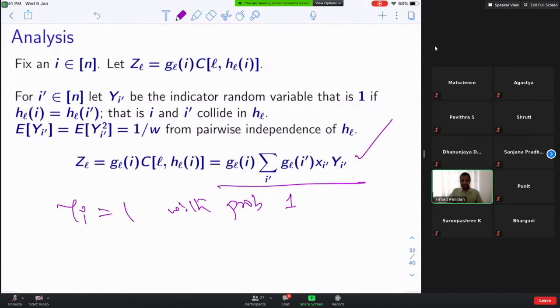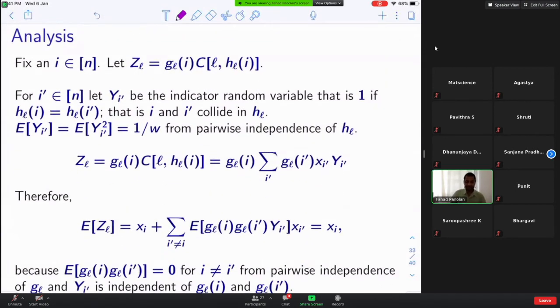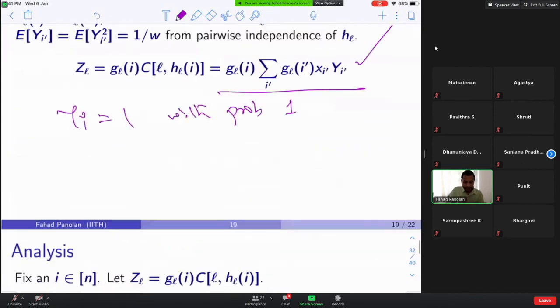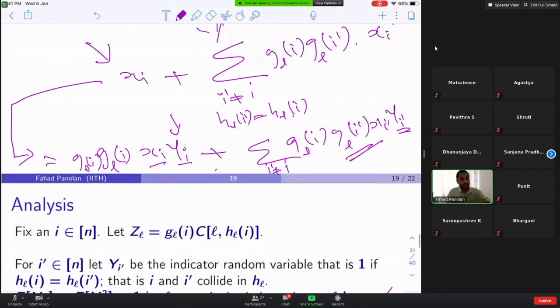Okay. So this is it, right? ZL. Now what we need? Expected value of ZL. So I wrote this in terms of this one to talk about variance. Okay. So if you look into expected value of ZL in this equation, what will happen?